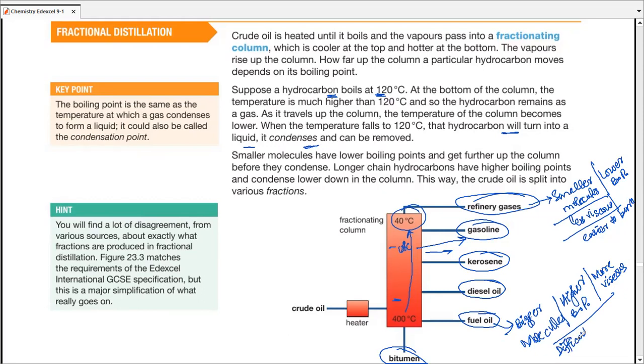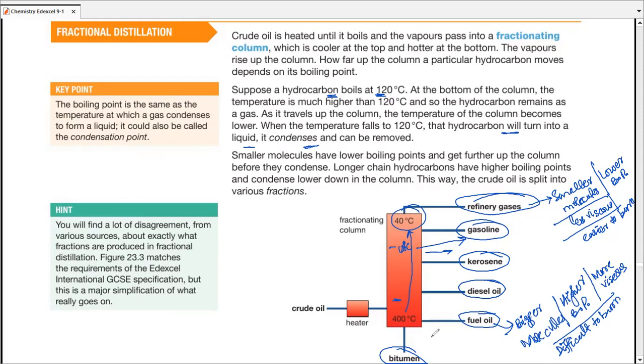So that's how we can relate the properties we just studied to the size of molecules or to their boiling points. And from there onwards, we can understand what kind of hydrocarbons are present in that specific fraction or in that specific part.